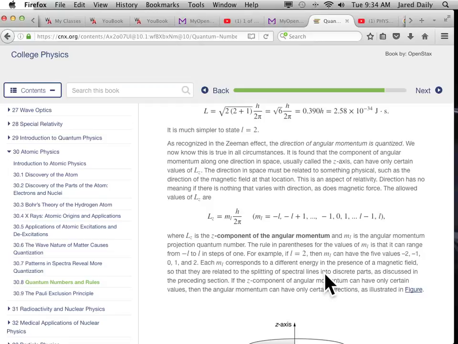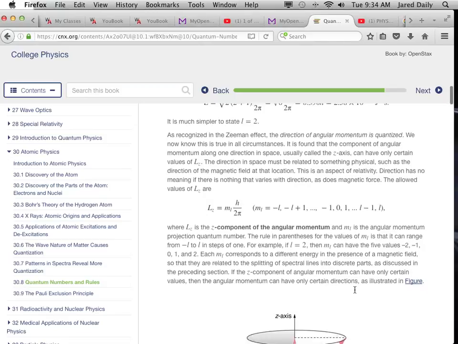M sub L can be whatever your L is, negative, and then the next number up from that, all the way up to 0, all the way up to positive L. And you're like, what the heck are you talking about? I'll explain this in a second. We'll go through it again here in a second.